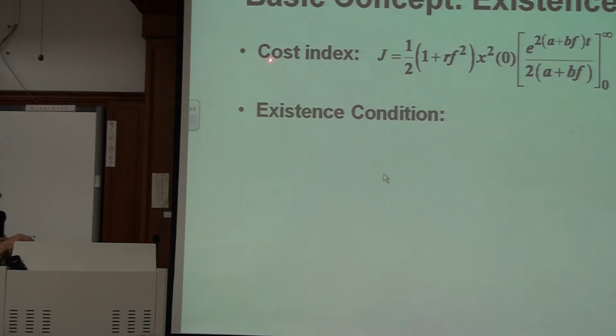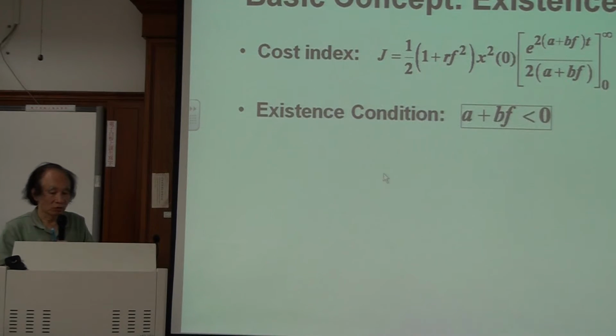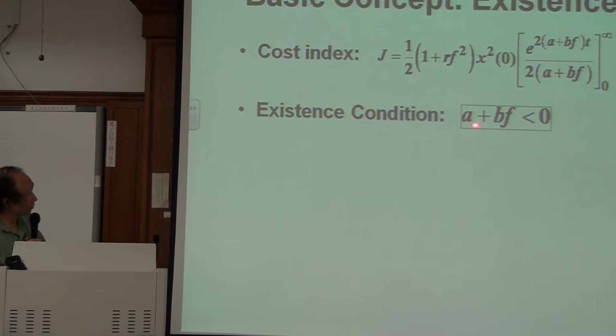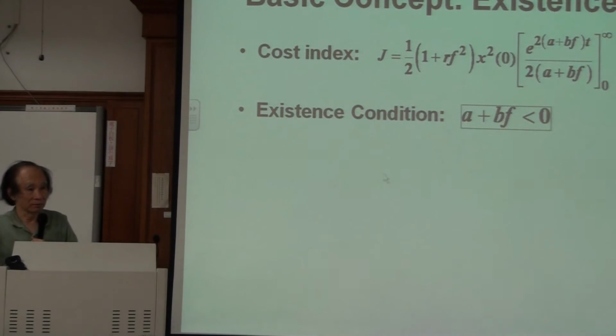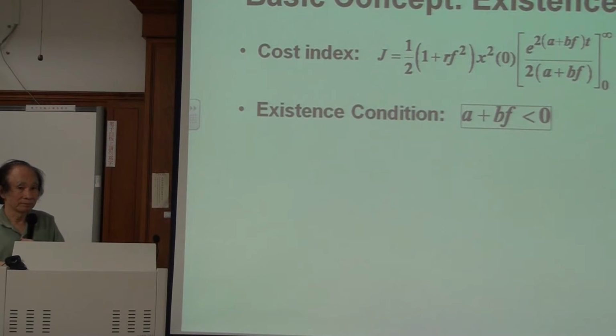So we must make sure the cost index exists. How can I make sure this cost index exists? One, assume A plus BF less than 0. It's not just assume, you have to have that. Because if this is not less than 0, then when time goes to infinity, the cost goes to infinity. Agree?